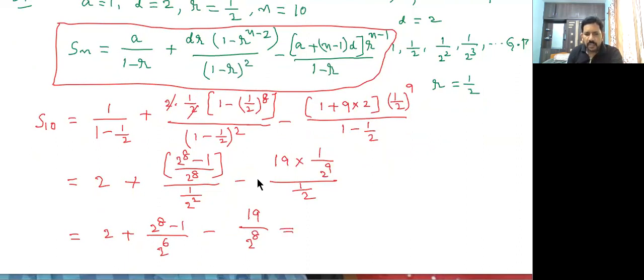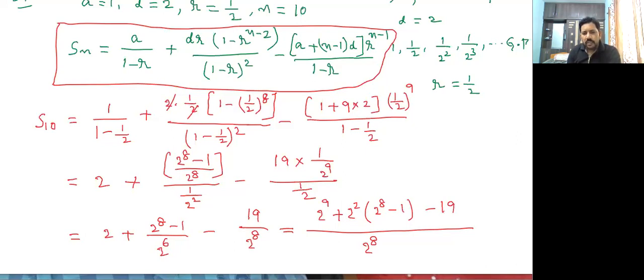So finally, what is the LCM? 2 power 8. Here already 2 is there. 2 into 2 power 8, 2 power 9, plus here 2 power 6, that means we need 2 power 2, 2 power 2 into 2 power 8 minus 1 minus 19.